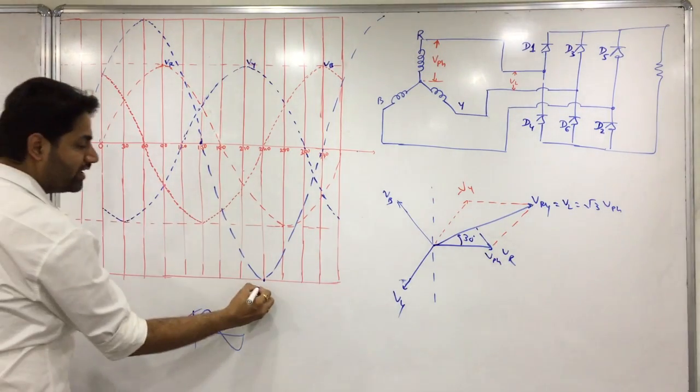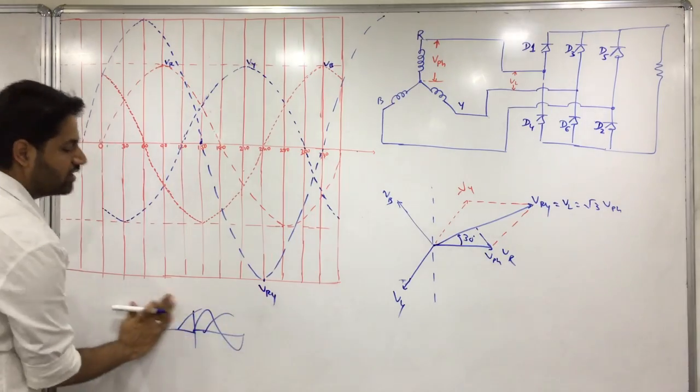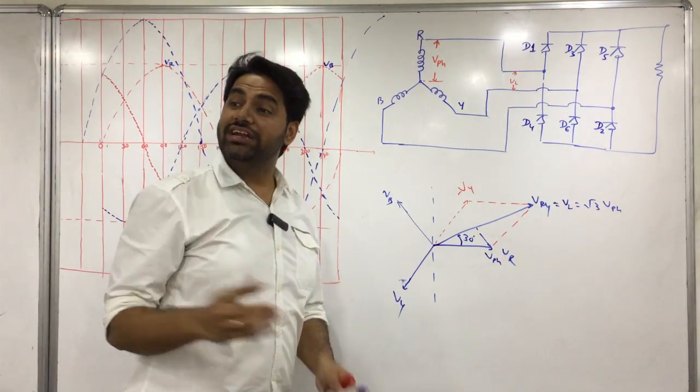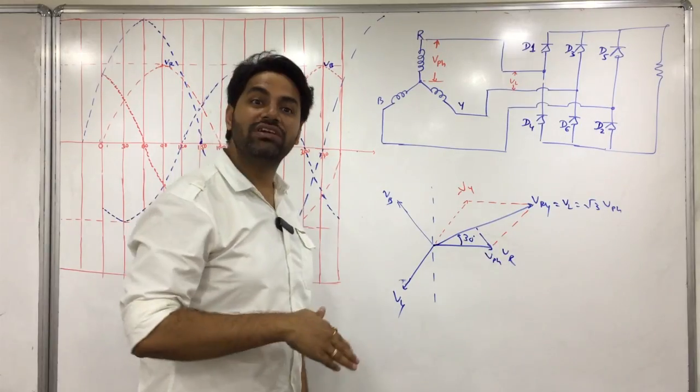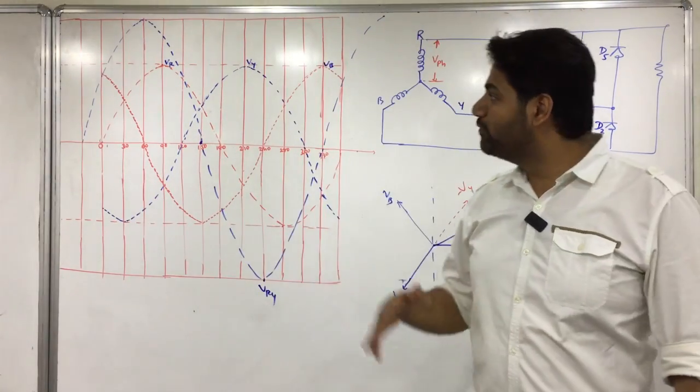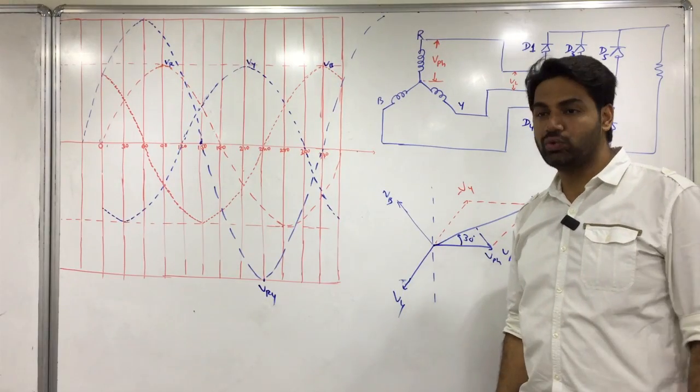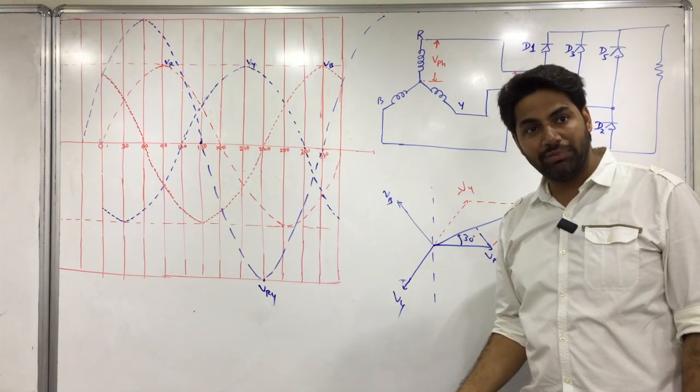This is my which voltage? VRY voltage. Yes or no? Fine. Similarly, if I have to draw, it is very important to know how to draw line voltage first. Line voltage with respect to your phase voltage, how to draw it. It's really very important to know. Done? Do you understand?